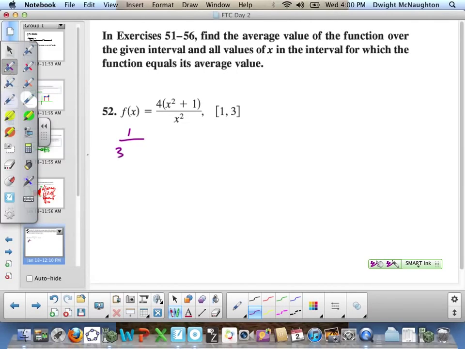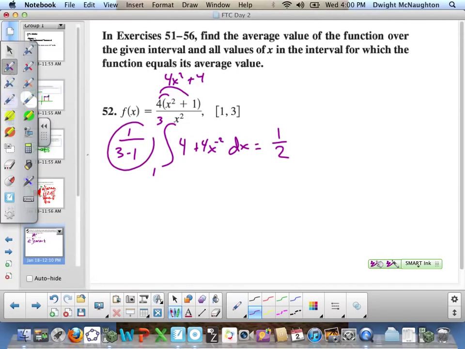1 over 3 minus 1 times the integral from 1 to 3 of, and I'm going to distribute and work it out here. We distribute and get 4x squared plus 4 all over x squared. So we get 4 plus 4x to the negative 2, with respect to x. Keep our 1/2 from simplifying this.